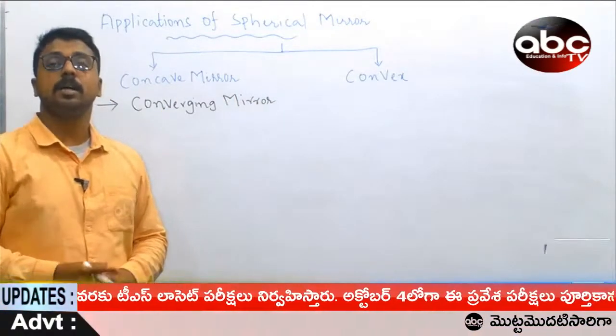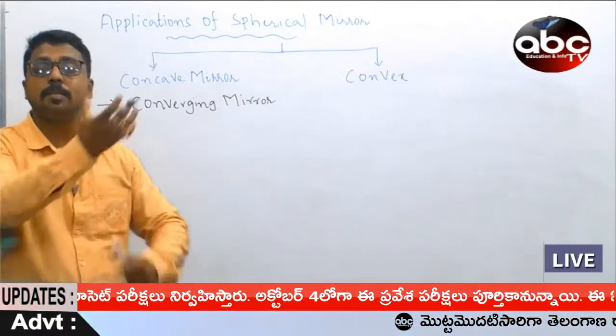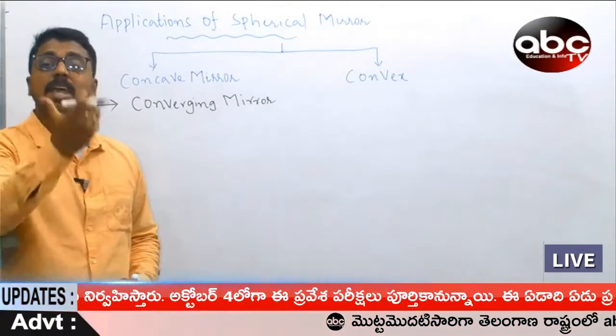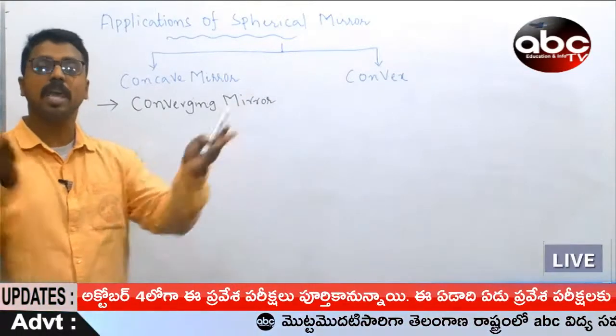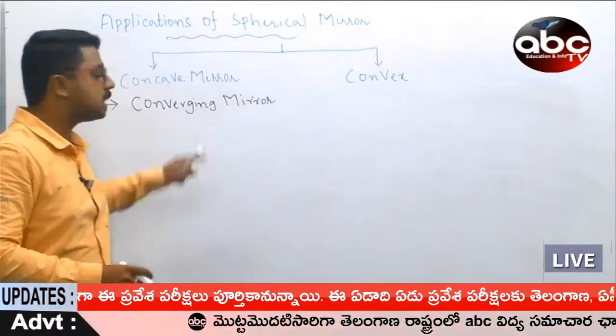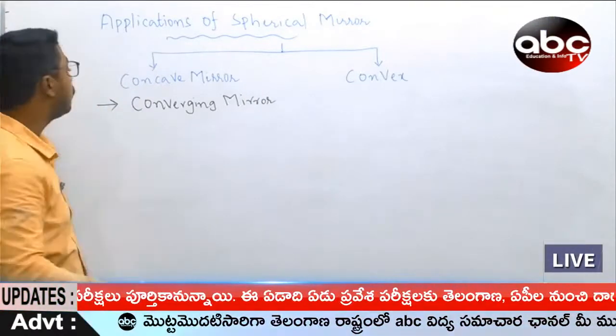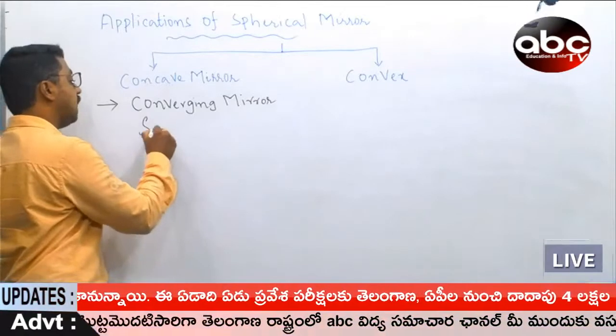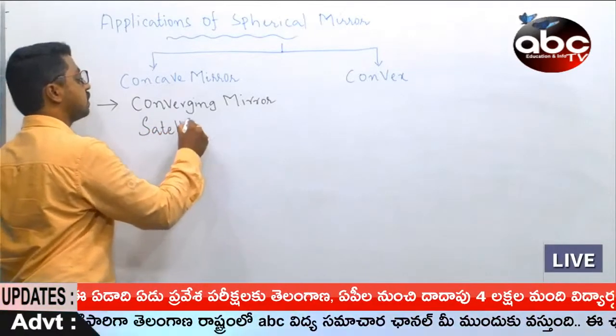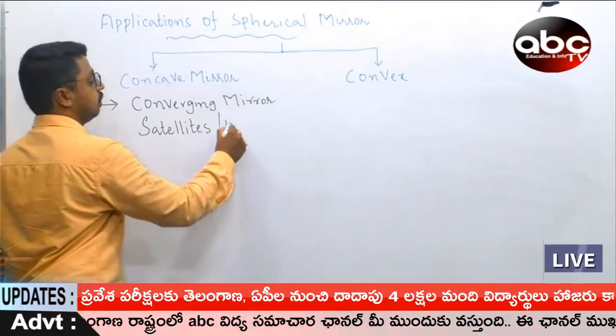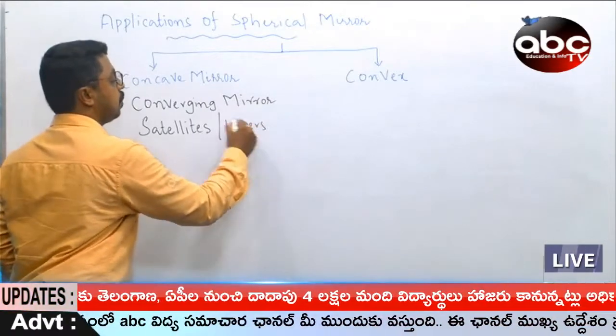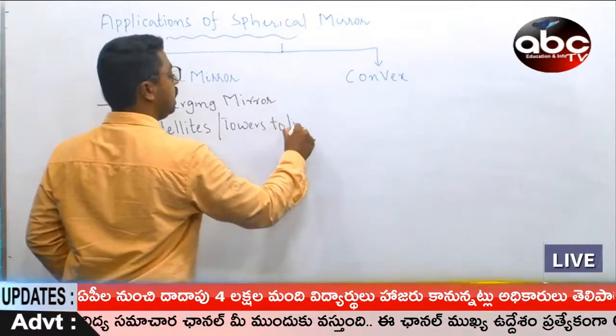That means it is able to trap a high amount of energy with its concave surface. So these are generally used in satellites or towers to trap even weak signals.